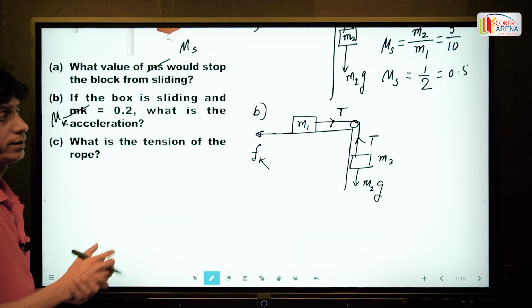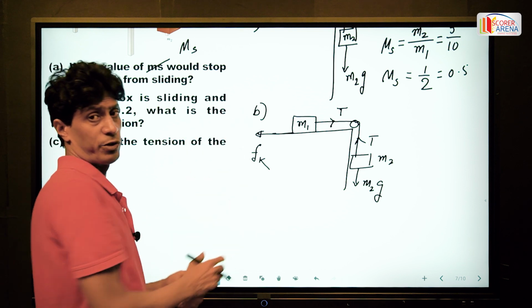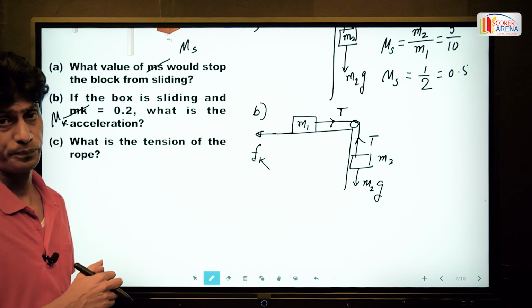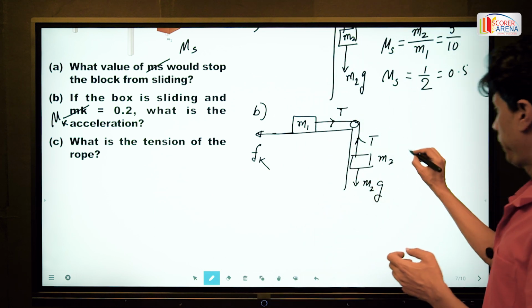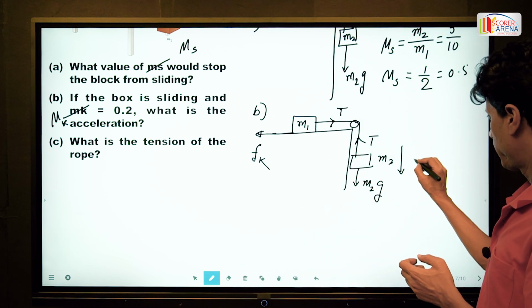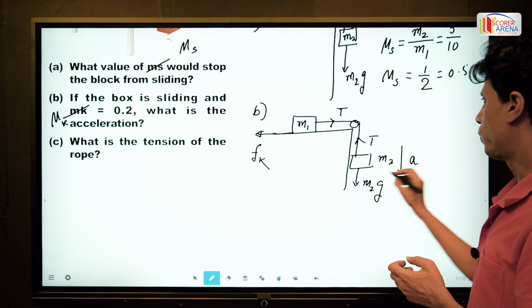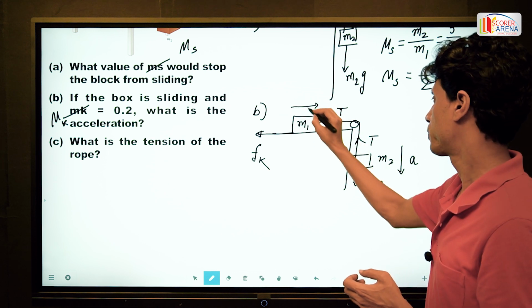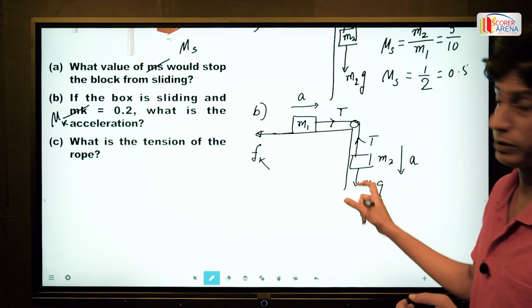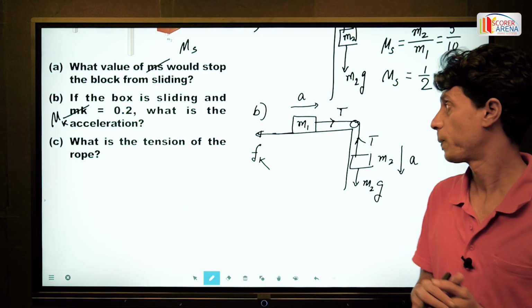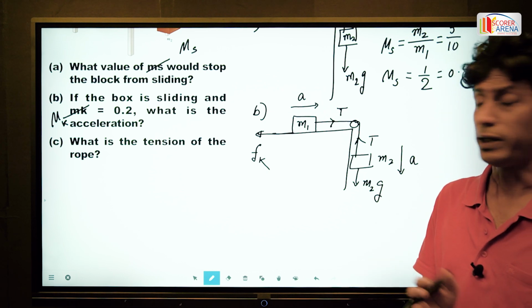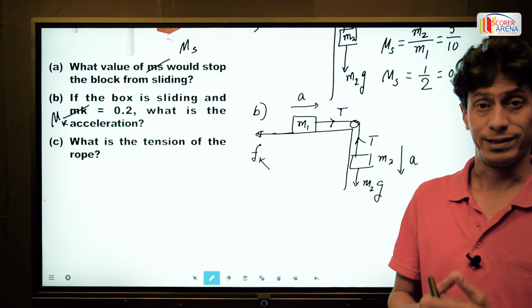The friction acting over this body is kinetic, by the ground. If acceleration is downward, then this body moves rightwards. Since these two bodies are connected by an inextensible string, both bodies have the common acceleration.